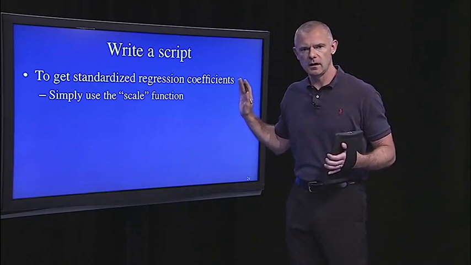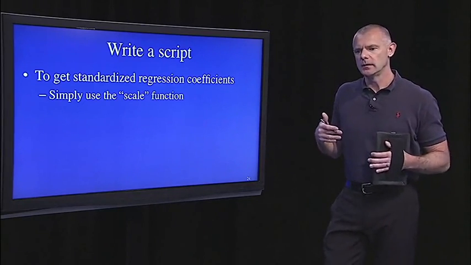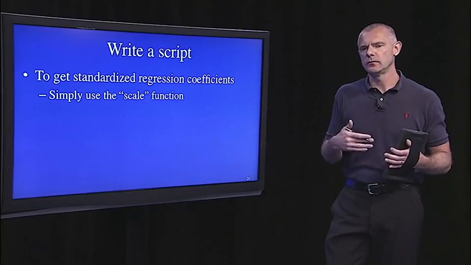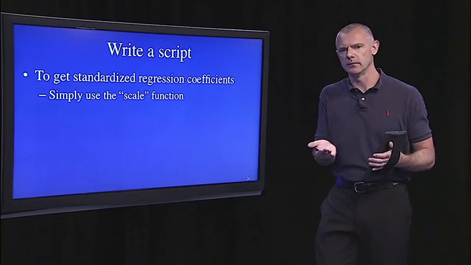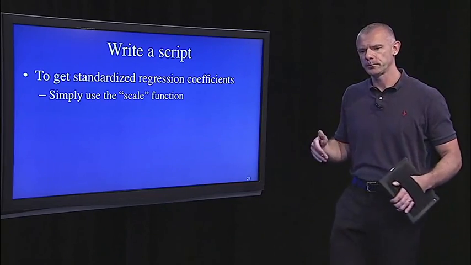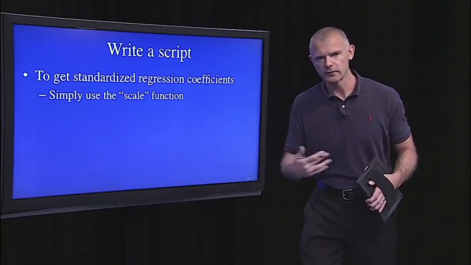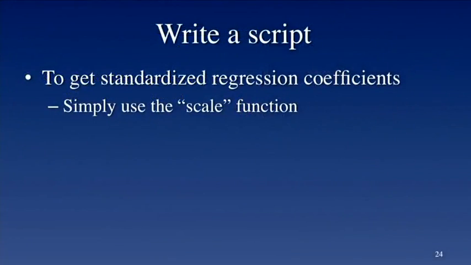And this is another aspect of R that's a little bit unique. In most software packages, if you run a regression analysis, the software will automatically give you the unstandardized regression coefficient and the standardized. In R, you actually have to go in and ask for it. And that's typical of R. And at first, it might seem annoying, but it's actually, to me, a really great thing, because what it means is you really have to know what you're after to get the output.